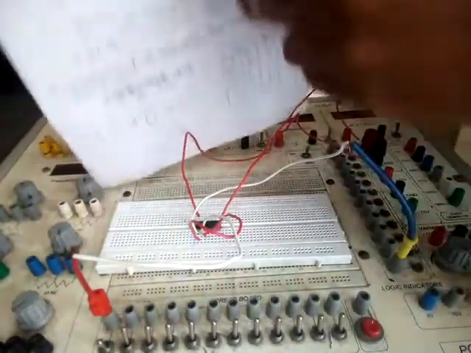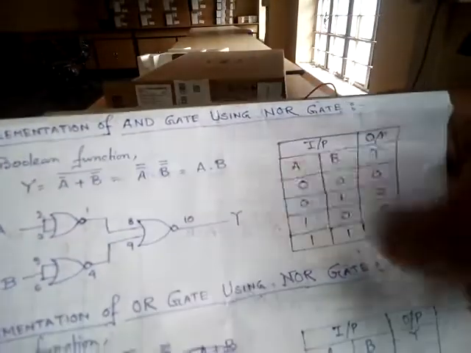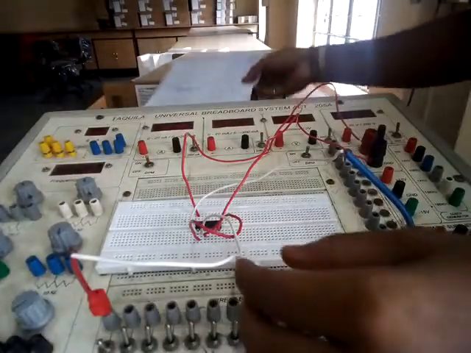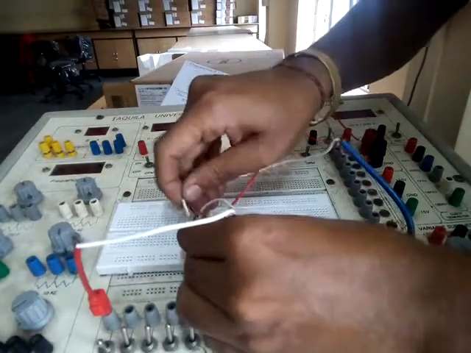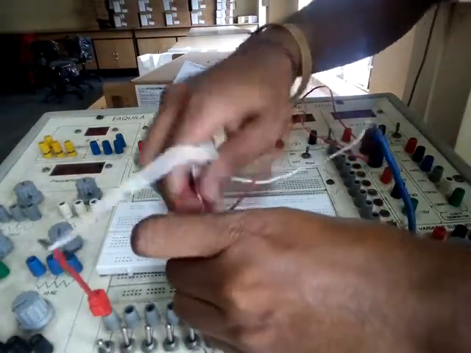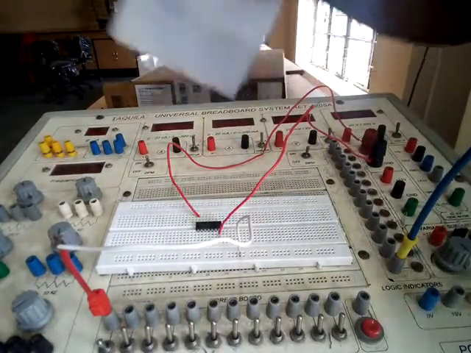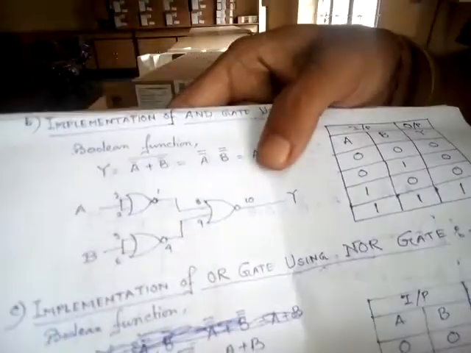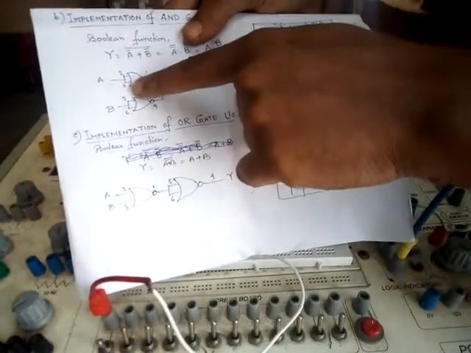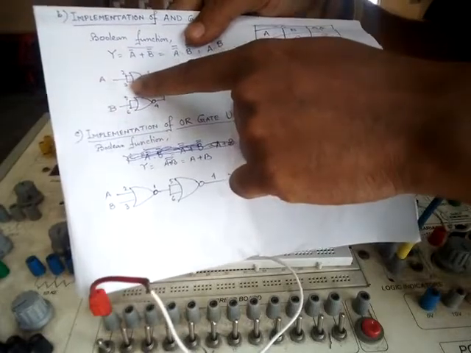The next circuit is the implementation of the AND gate using NOR. First of all, we switch off the kit, then do the circuit. As per the circuit, we can see pins 2 and 3 are shorted, and input A is connected to pin 2 or 3.